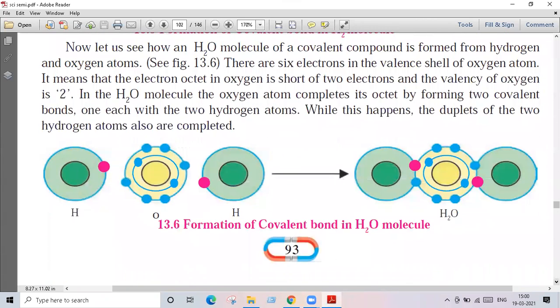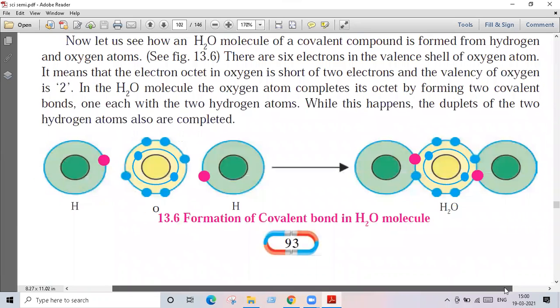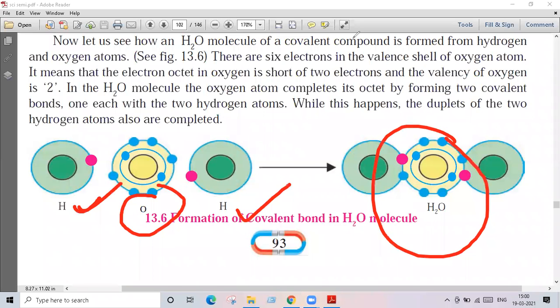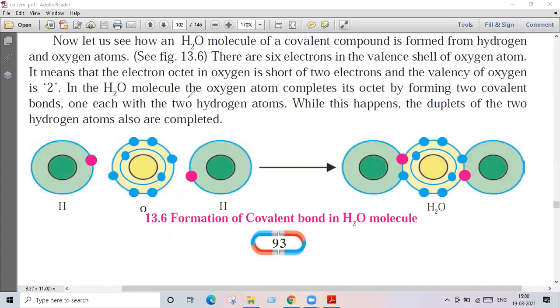Getting guys? Here, the water molecule is also a covalent compound, because one oxygen combines with 2 hydrogen and forms H2O, right? Here there is only sharing of electrons, and the duplet of hydrogen is completed and the octet of oxygen is completed.